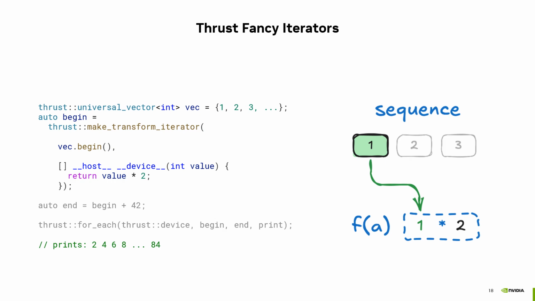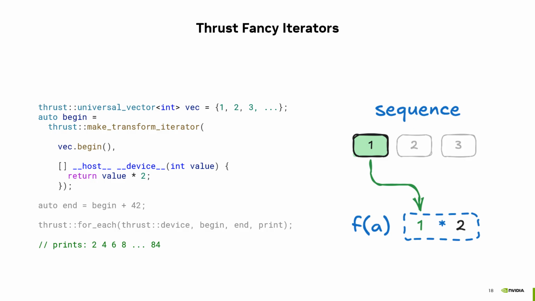Thrust Make Transform Iterator takes two inputs, an iterator to your underlying data and a transformation function to apply to each element. For example, suppose we have a thrust vector containing a sequence like 1, 2, 3. We pass the beginning of the vector as the first argument and a function that doubles each value as the second.